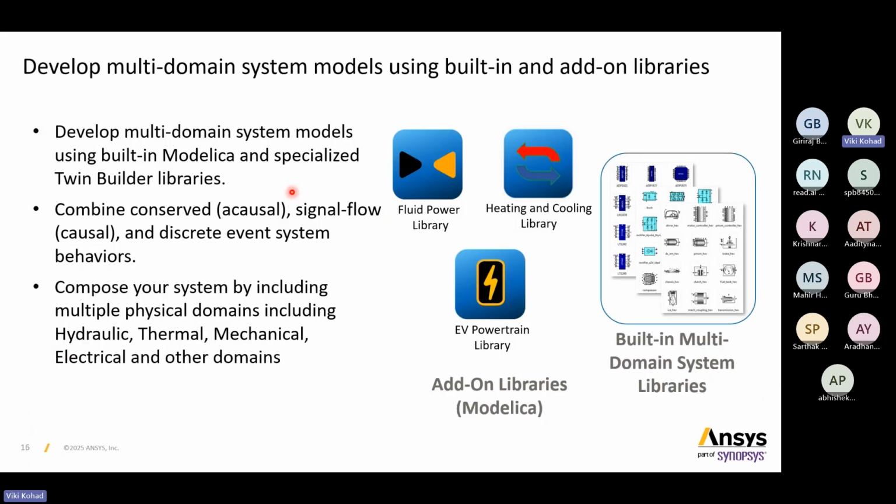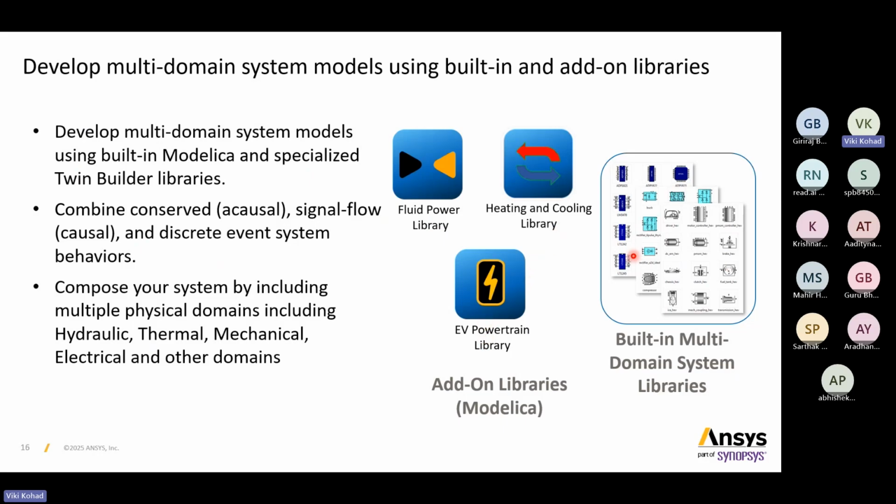Like I have already said, it is physics-based simulation, right? In physics-based simulations we mainly focus on three physics. Which are the three physics? Thermal, meaning fluid, electronics, and structure physics. ANSYS Twin Builder has a fluid power library, heat and cooling library, EV powertrain library, structural library.